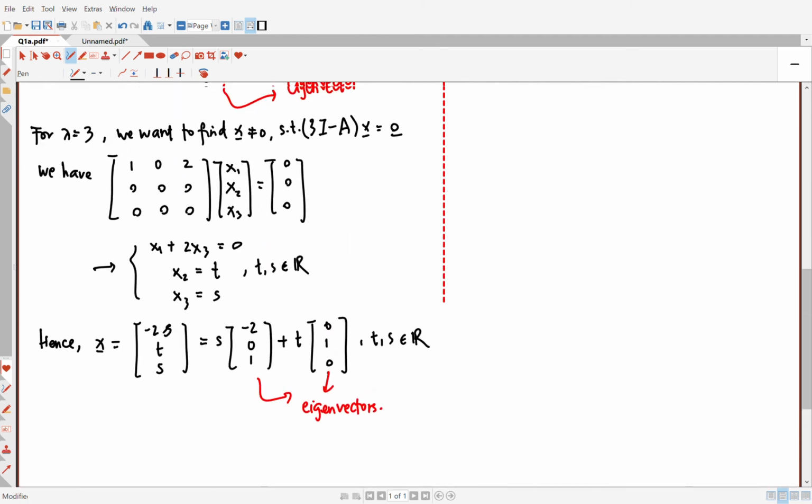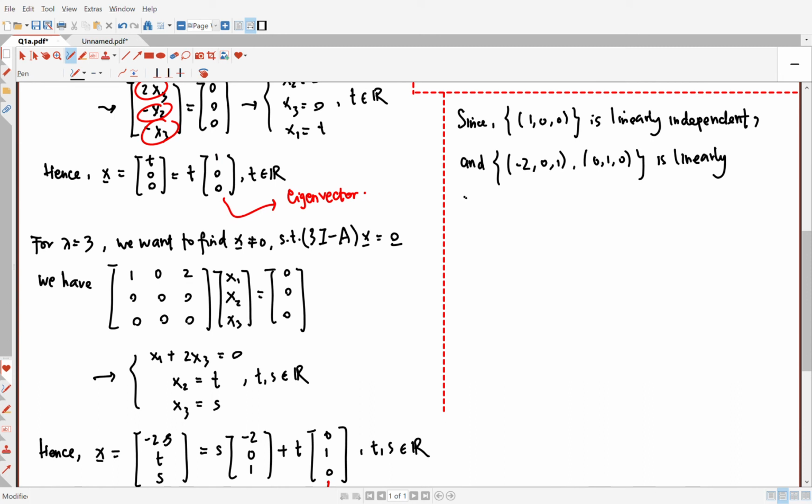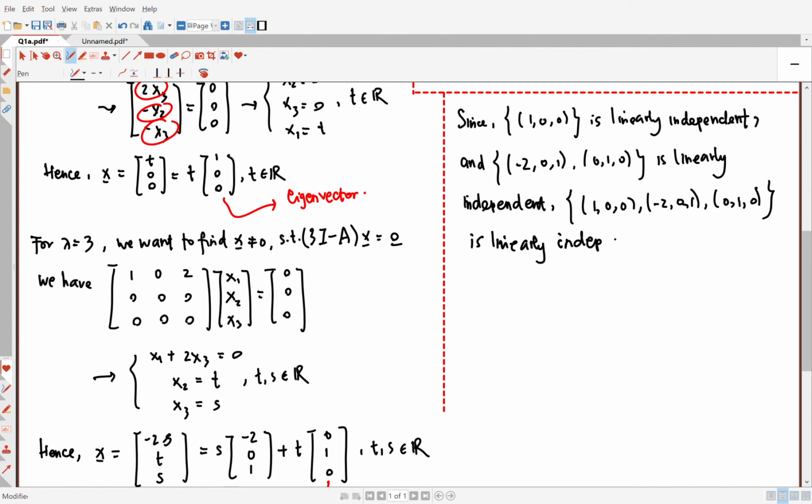So the union of these is linearly independent.